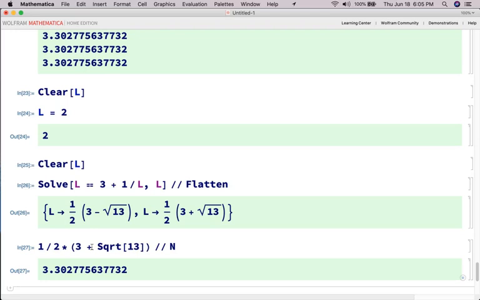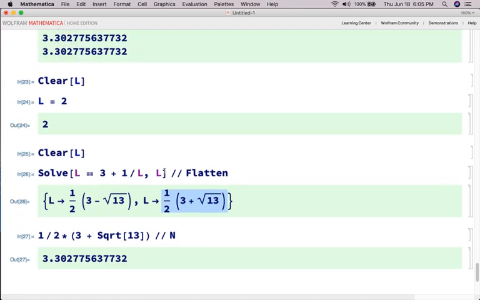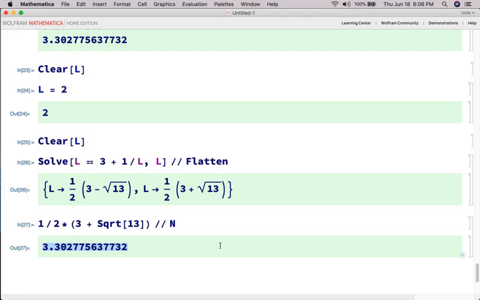Now, here's the point that's really important for you to understand, especially if you continue to study math. This is called the analytic solution or the closed form solution. It's the real answer to the problem. This value, that is the approximate solution. It is not the analytic solution.